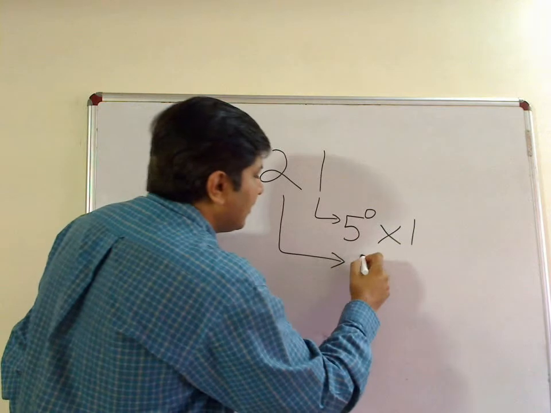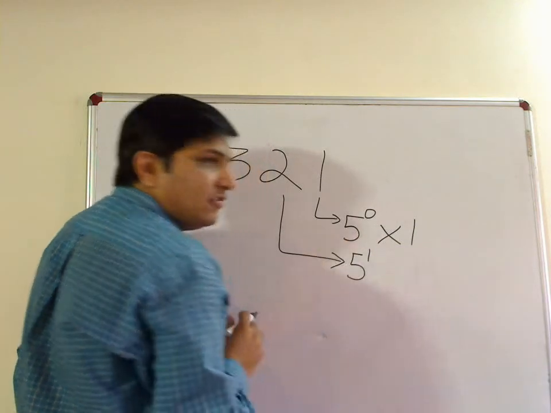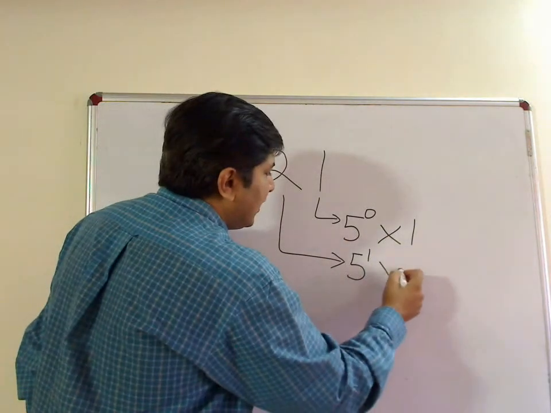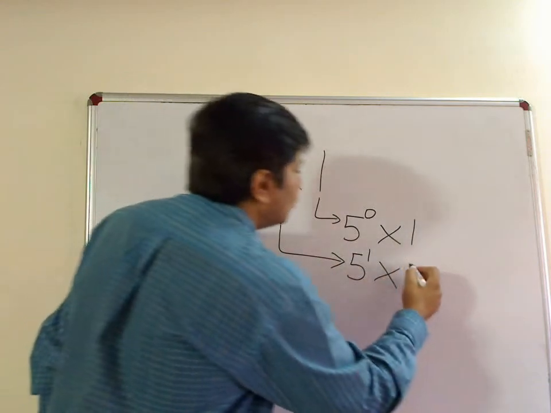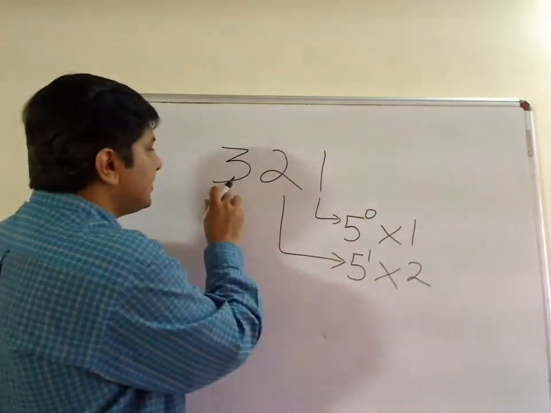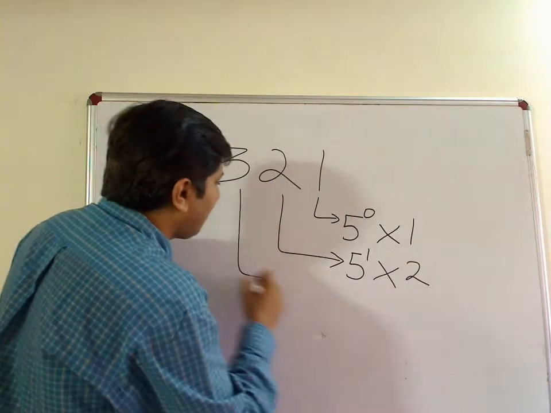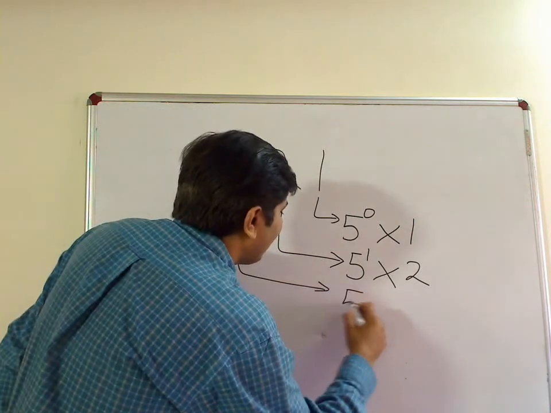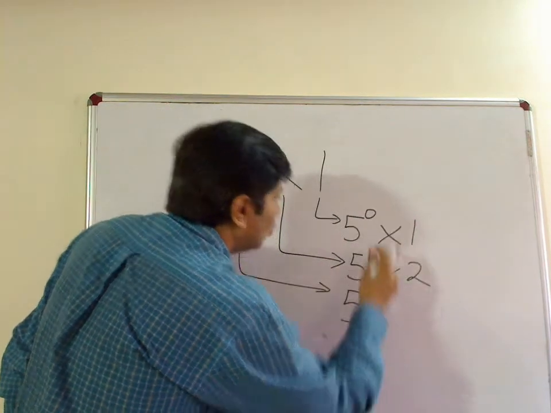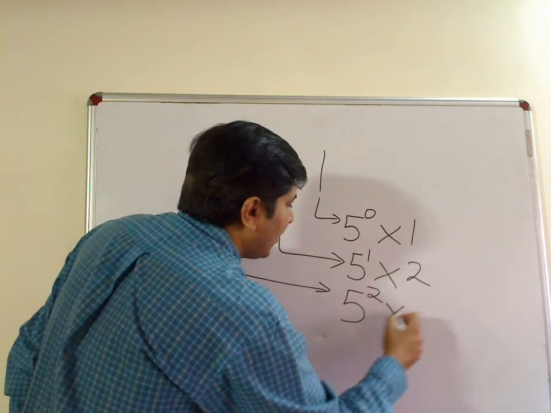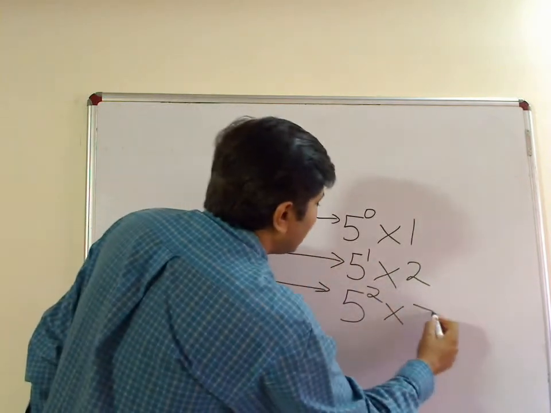This would be the next place, which is 5 power 1 into the digit 2, and this number would be 5 power 2, 0, 1, 2 into the digit 3.